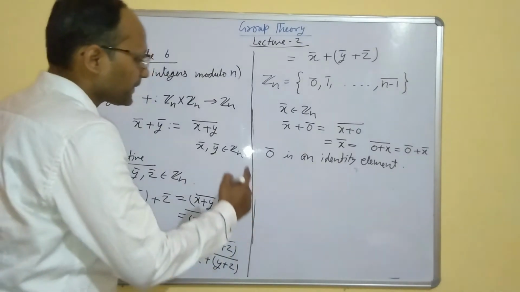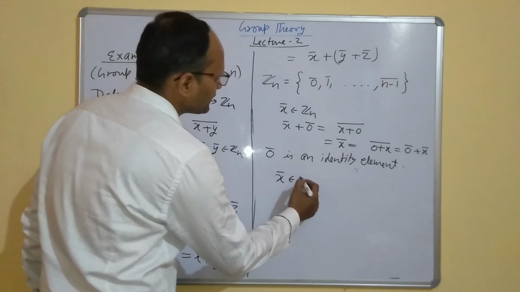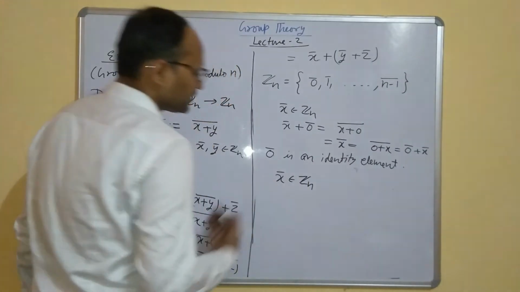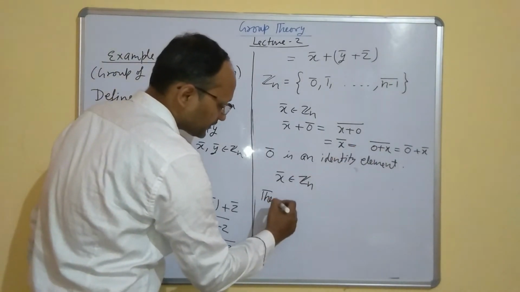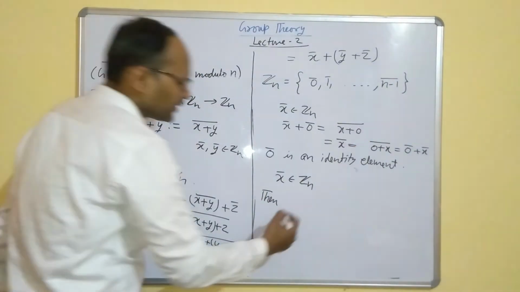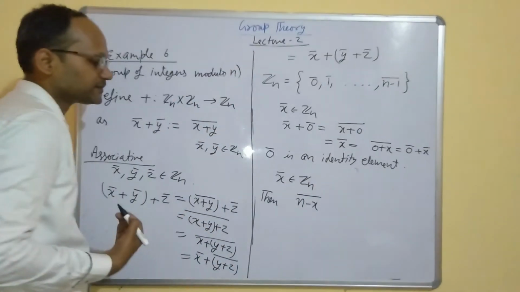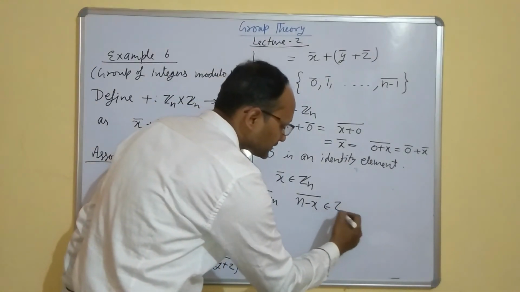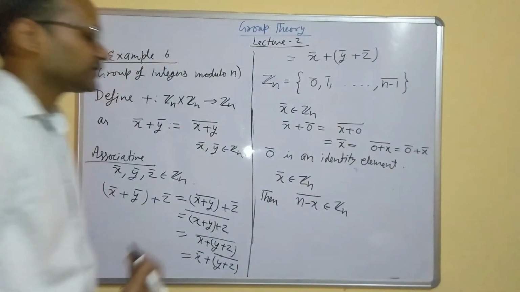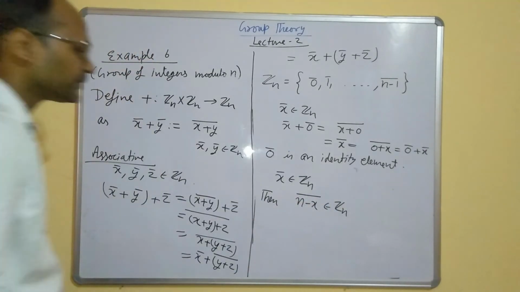One more thing is that suppose I take x bar in Zn, then n minus x bar also belongs to Zn, because the bar of any number just belongs to Zn.